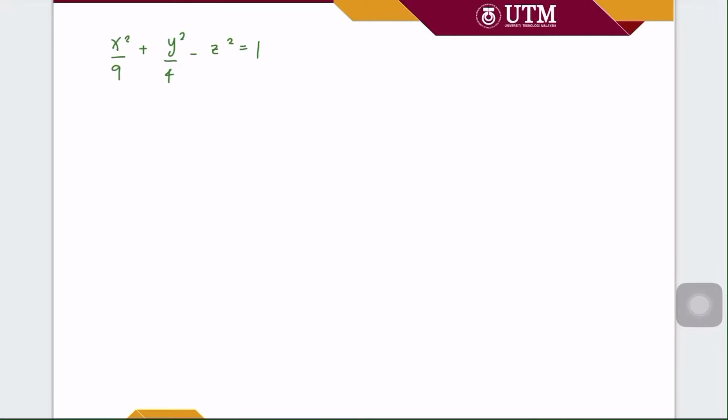Let's look at the next example. Let's say we are given this equation: x squared plus y squared over 9 plus y squared over 4 minus z squared equals 1. Maybe we forgot what type of equation this is.